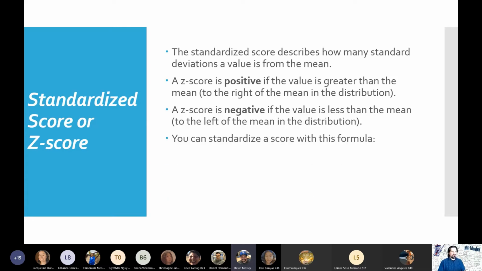You can standardize a score with this formula. We use z equals x minus x bar divided by s sub x. These letters all have a meaning. Remind us what they are.